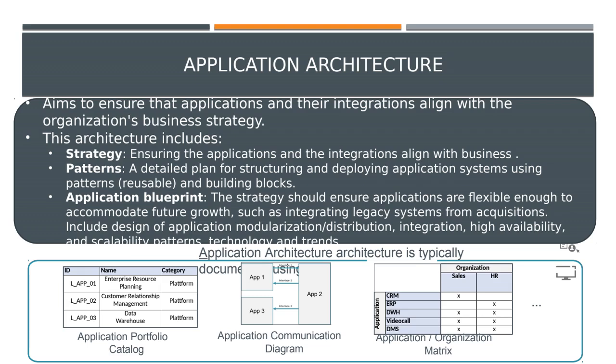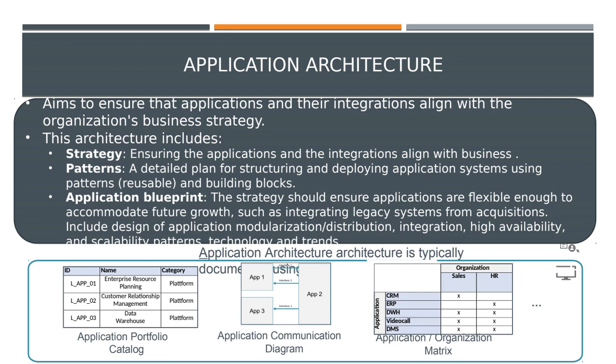For the application architecture, as the name implies, it is for the applications and their integration in the organization, how they should be aligned with IT goals or strategy. And it includes strategy, patterns, and application blueprint.